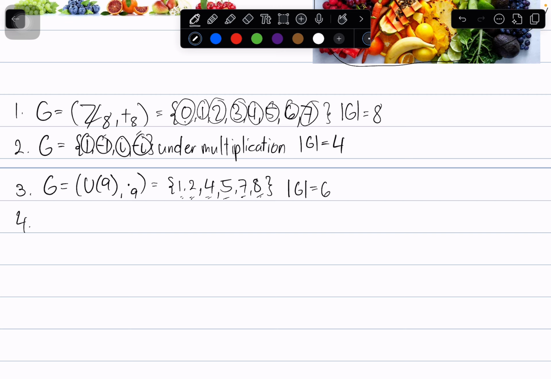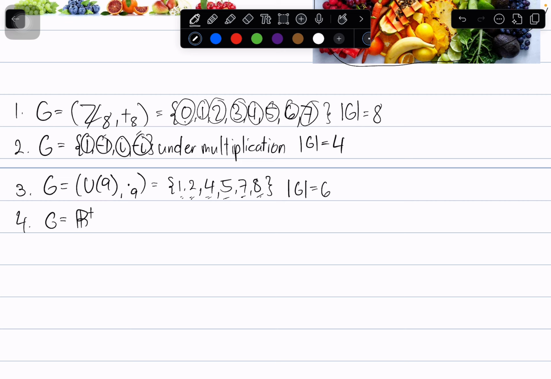So let's say we have G is equal to the set of all positive real numbers.